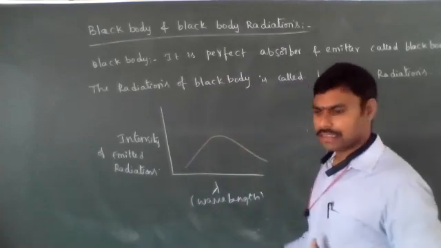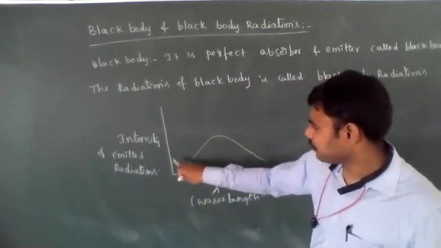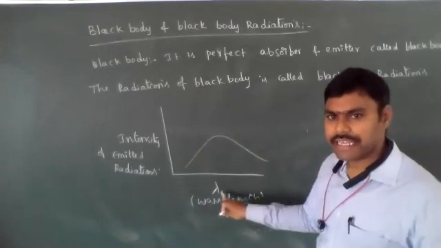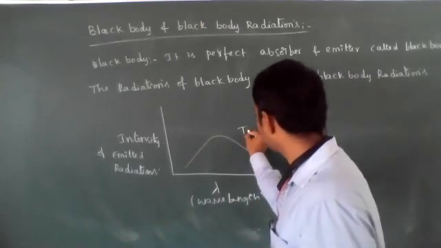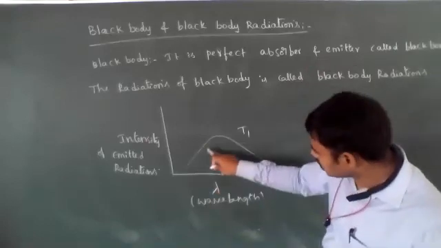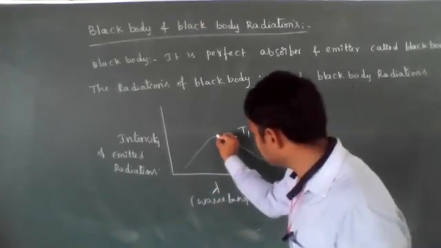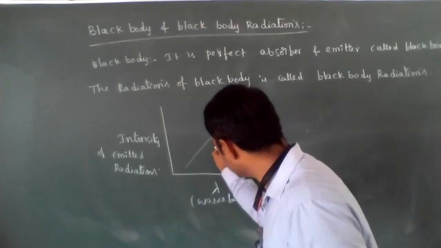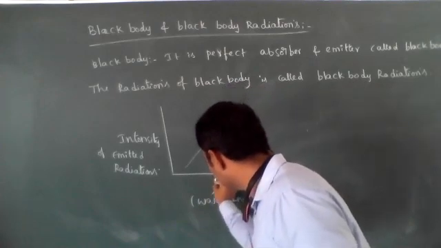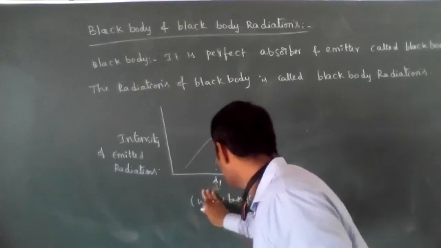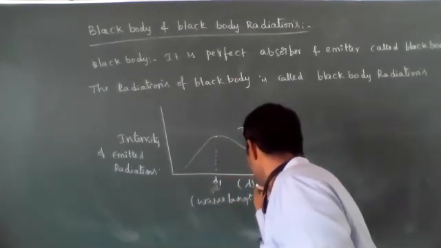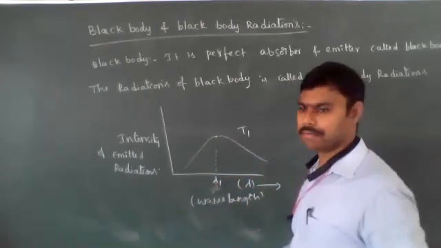Like this is the intensity of emitted radiations with increasing wavelength at a particular temperature. The temperature is T1. It increases slowly, reaches a maximum and then decreases. That is the maximum intensity peak. At this point, the wavelength is lambda 1.